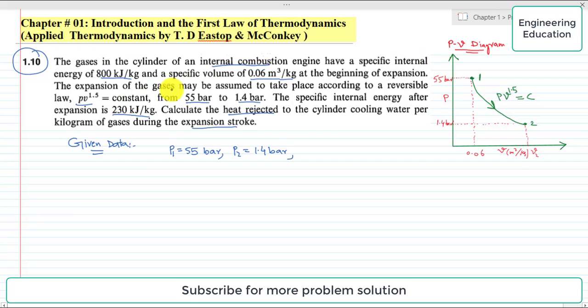Specific internal energy U1 is 800 kilojoule per kilogram. Specific volume V1 is 0.06 cubic meter per kilogram.